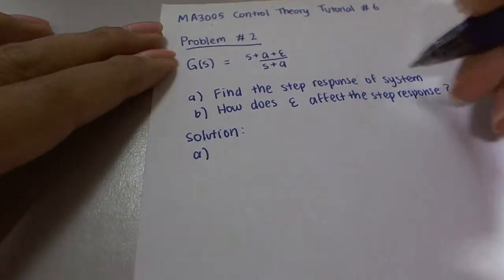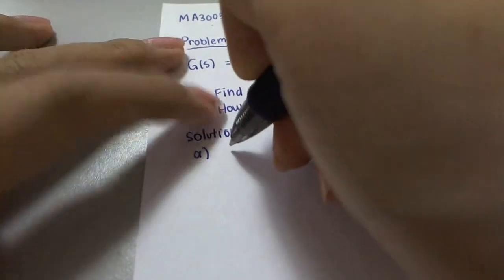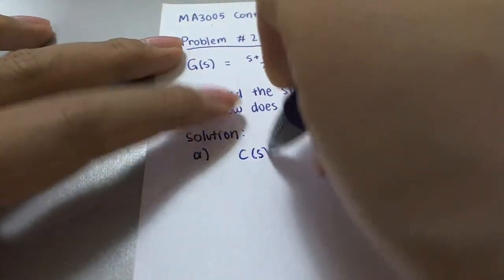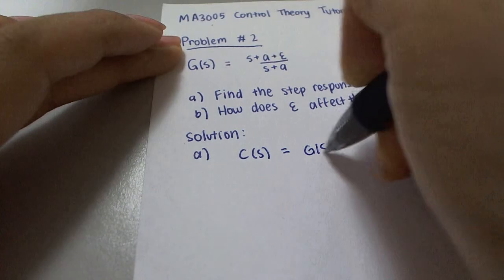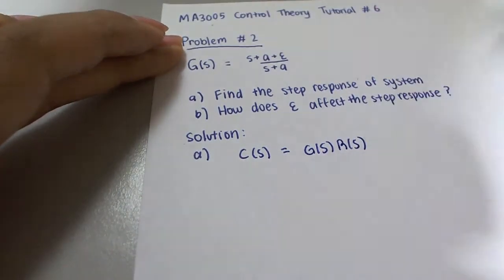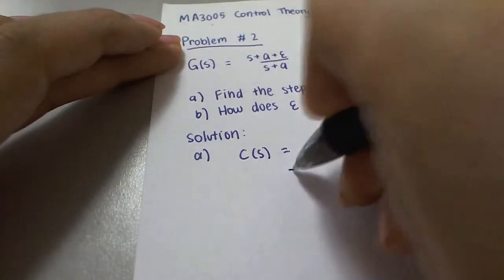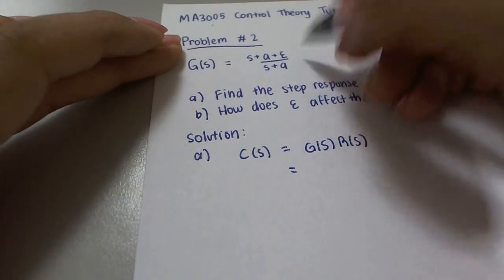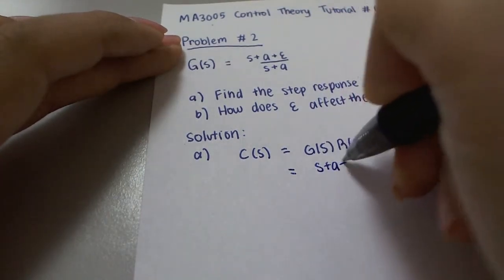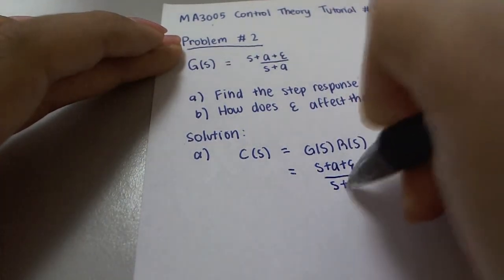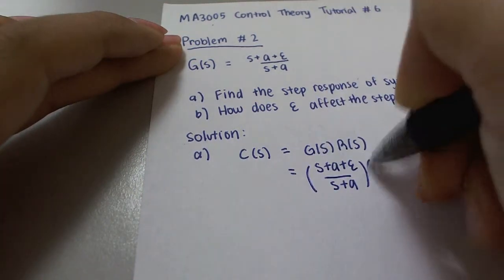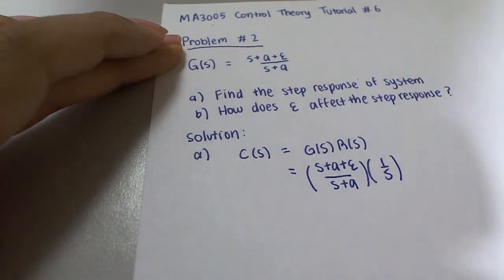So here we have the output C(s) equals G(s) multiplied by R(s). And then this is equal to the transfer function (s + a + epsilon) over (s + a) multiplied by a step input 1 over s.